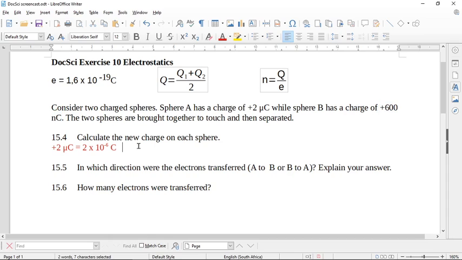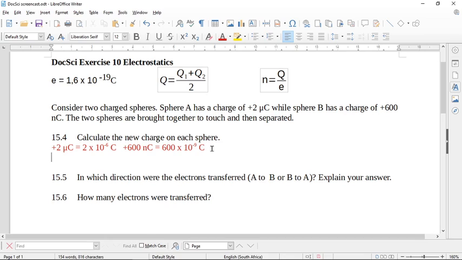So this is what we're trying to do here. We're trying to put these both in coulombs. So 600 nanocoulombs is 600 times 10 to the negative 9 coulombs. Now they're both in coulombs, we can do the sum here.